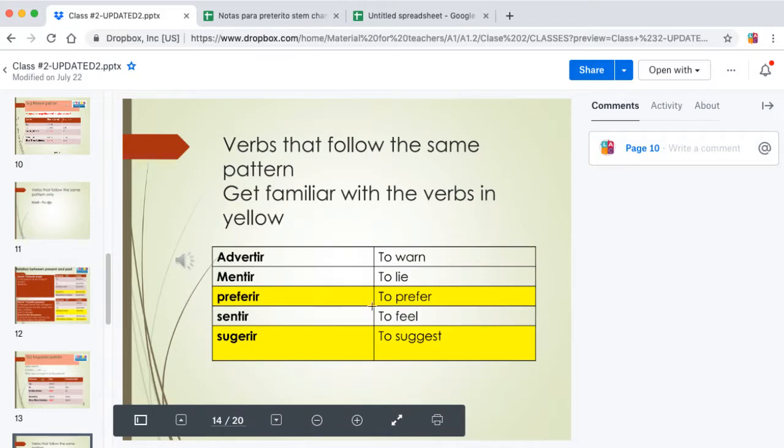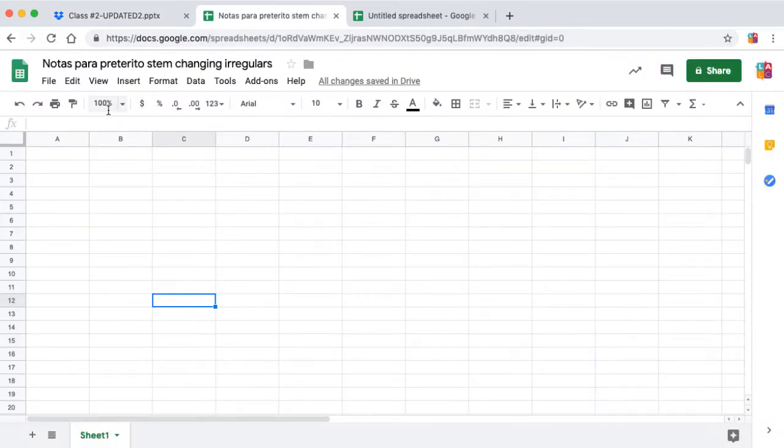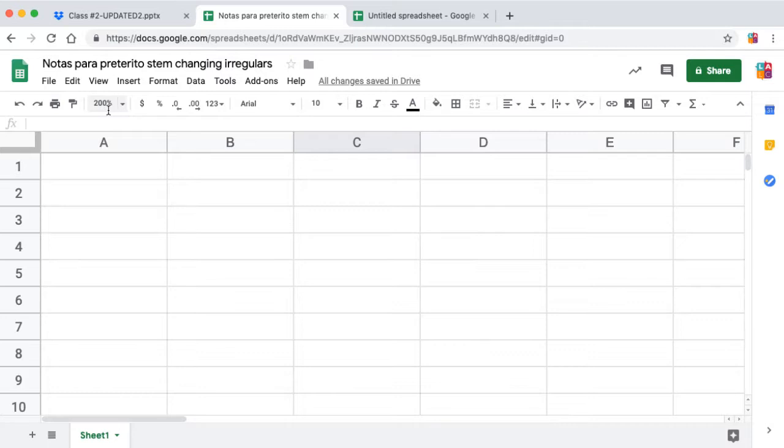And you will say, how does it change? Because this changes E to I, remember, like mentir. So how does it change that way? I will show you, because it might look like Chinese to you right now. So we're saying preferir, right?